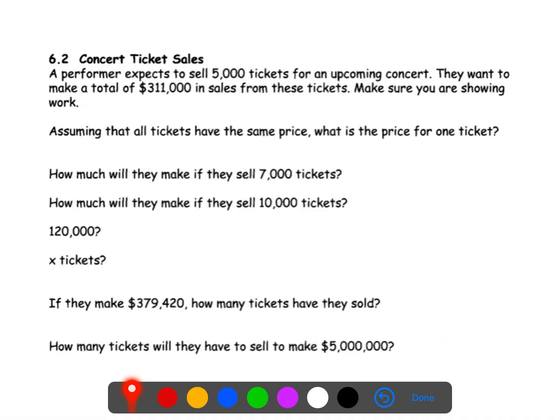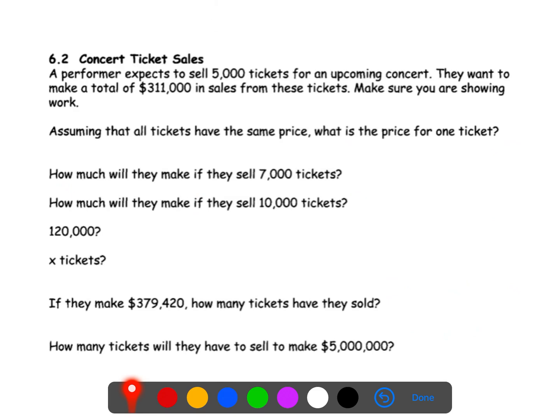All right, moving into some of our problem solving with proportional relationships. The problem says a performer expects to sell 5,000 tickets for an upcoming concert. They want to make a total of $311,000 in sales from these tickets. Make sure you are showing work.